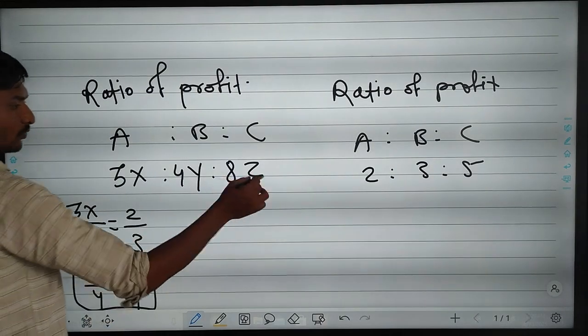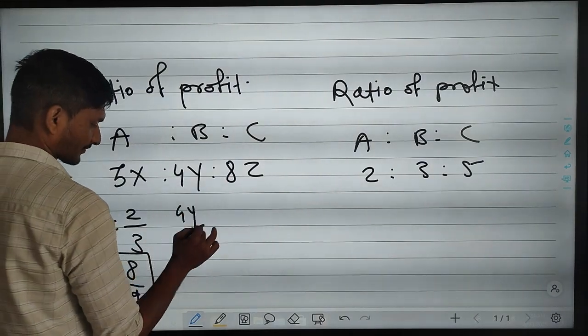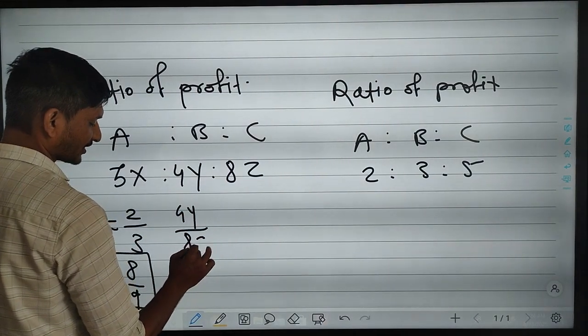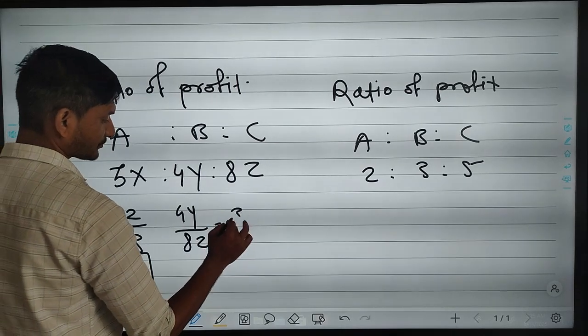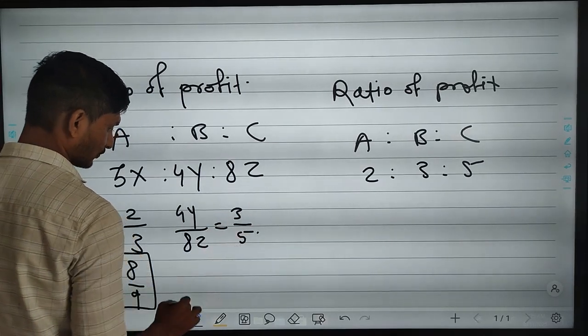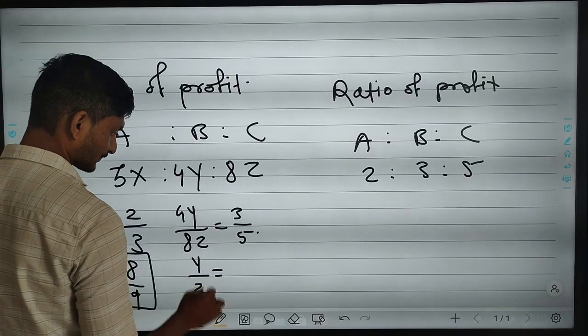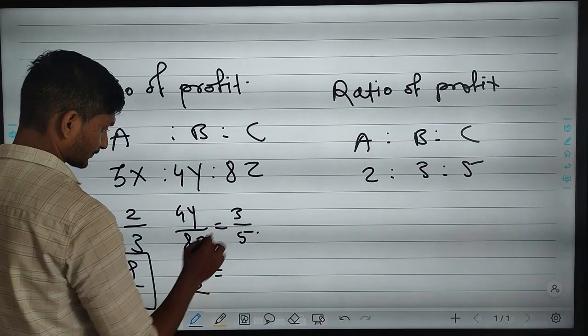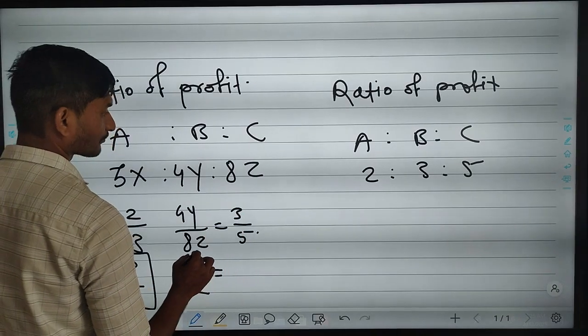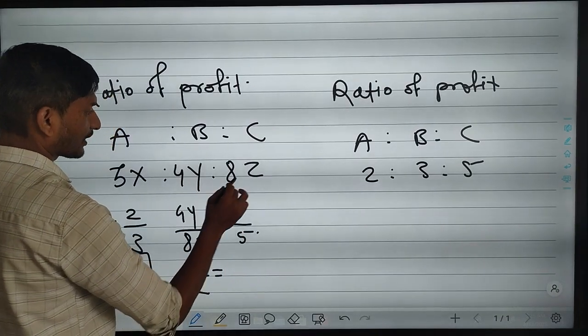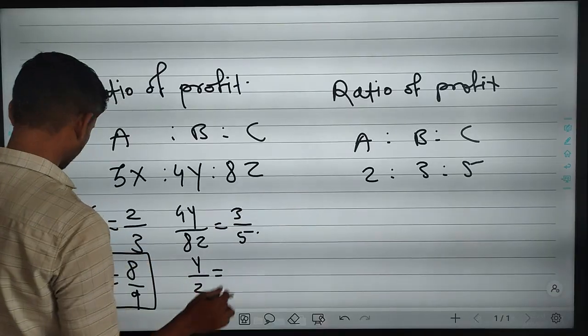Here, 4y upon 8z is equal to 3 upon 5. We write y upon z is equal to 3 as to 5.